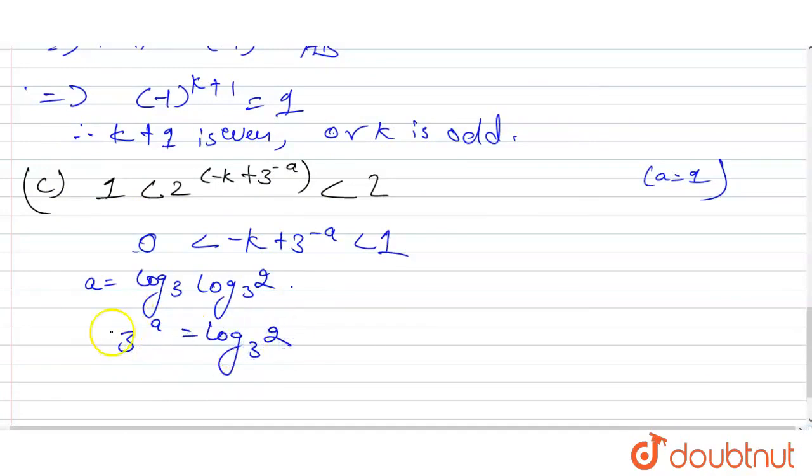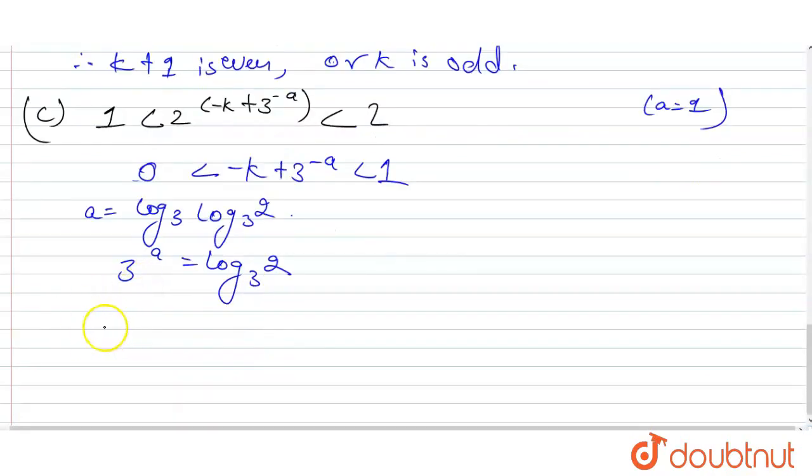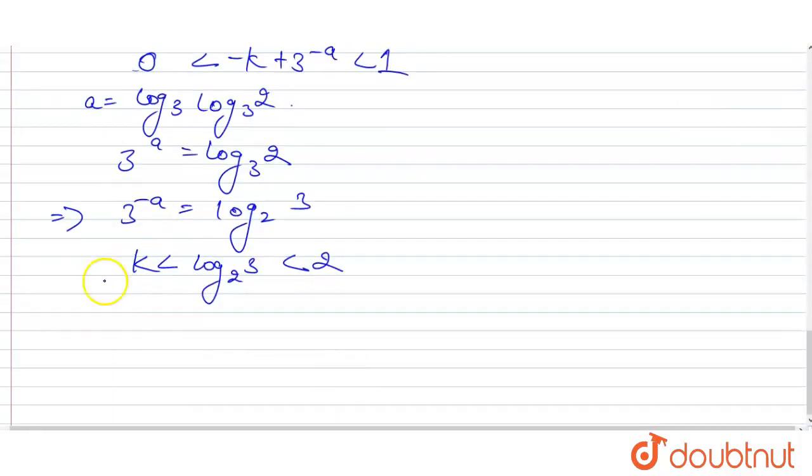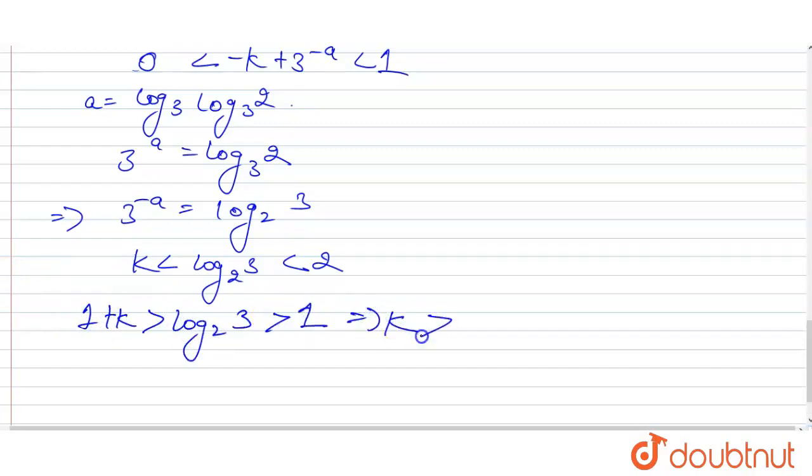So from here we will get 3, 2. Now our equations will be like 3 minus a, which will be equal to log base 2 of 3, and k log base 2 of 3, which will be 2. In the third equation we have 1 plus k times 3 will be 1. Therefore k is greater than 0. This will be our first equation, this can be our second equation, and this can be our third equation here.